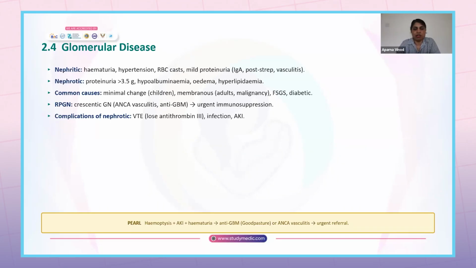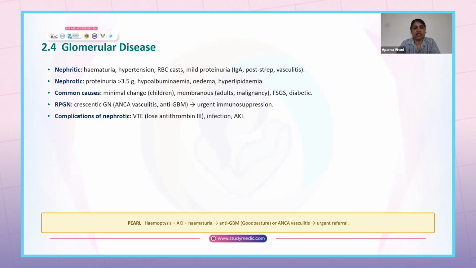Nephrotic syndrome, remember the O's: proteinuria, hypoalbuminemia, edema. Because of hypoalbuminemia, there will be hyperlipidemia, okay? And because of the loss of antithrombin 3 as well, that's also a protein, isn't it? So you'll have hypercoagulability at this point.